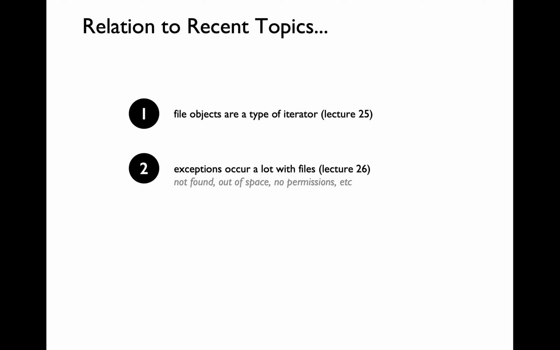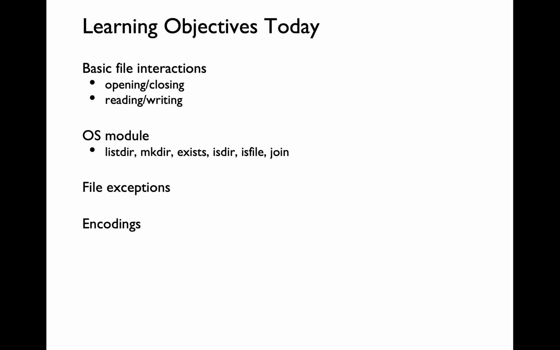So you're still going to run into the insufficient hard disk space exception. The best way for us to deal with exceptions when it comes to file and directory processing would be to use try except blocks. Let me outline the learning objectives for today's lecture.